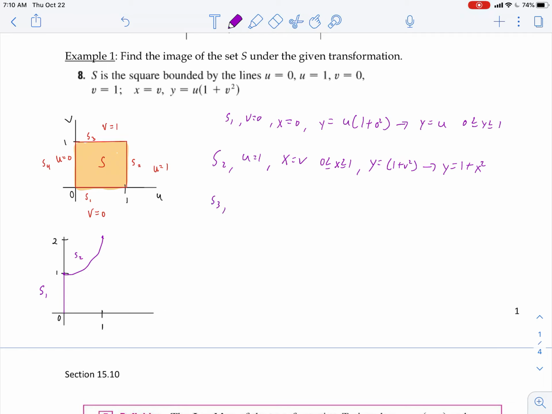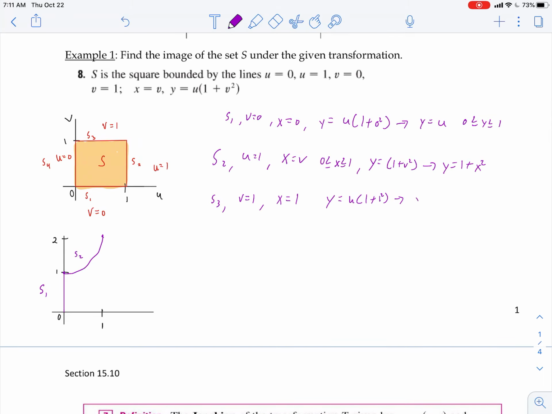Now S3. S3 we said was v equals 1. So x equals v, which is just 1. And then y is just going to be u times 1 plus 1 squared. It's going to lead us to y equals 2u.